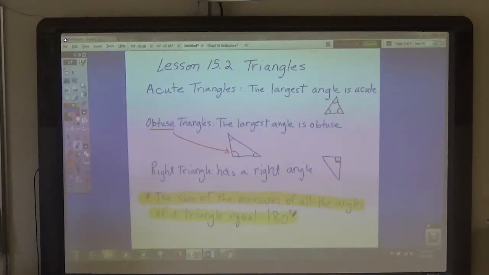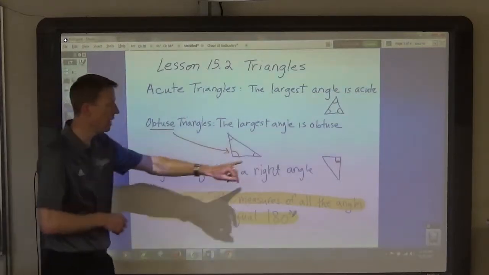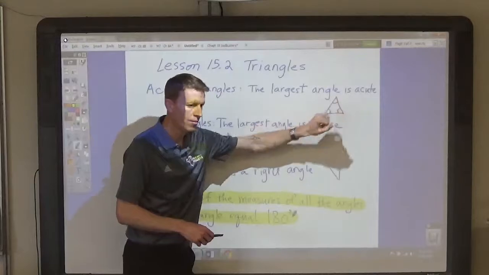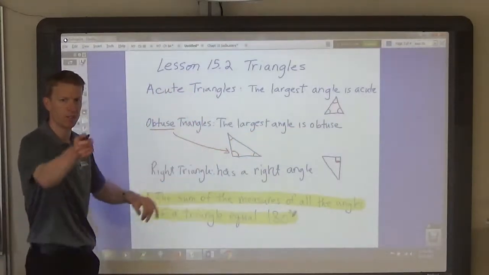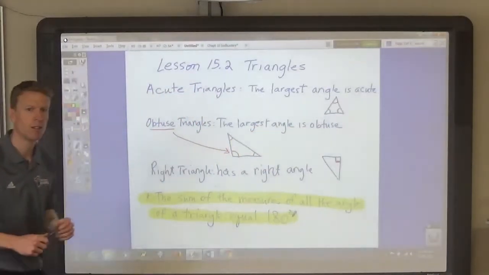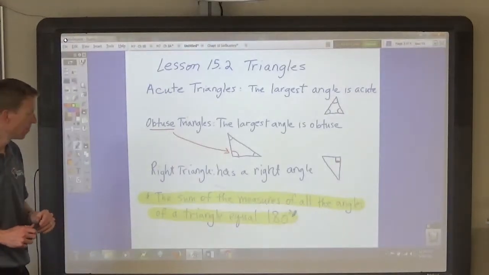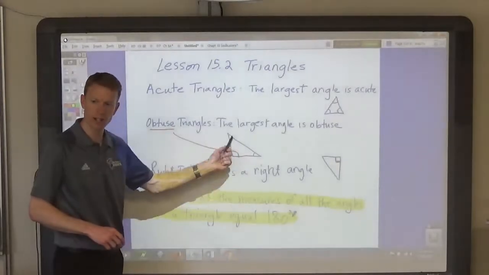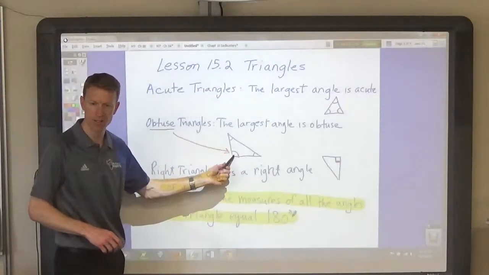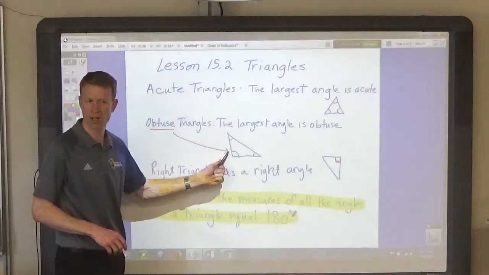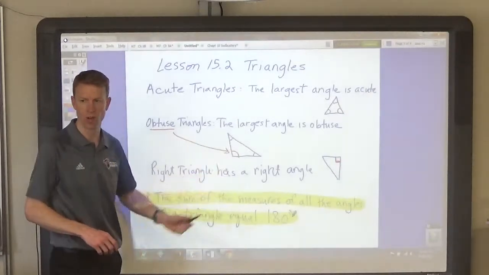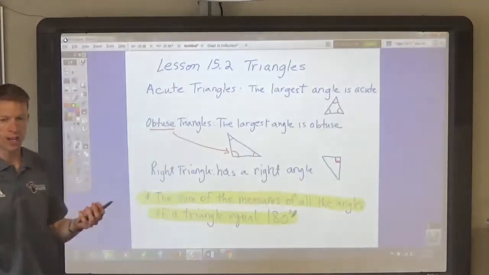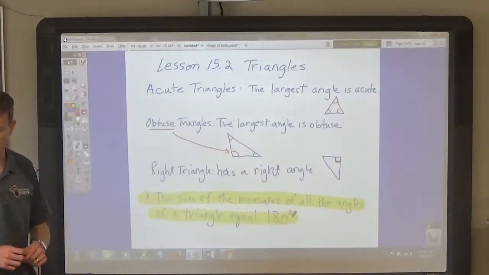It means that 2 measurements of 2 triangles? No. The sum of the measures of the 3 angles of a triangle. It means that when you add up all 3 angles, the angles equal 180 degrees. You won't get 181, you won't get 190, it will always equal 180 degrees.